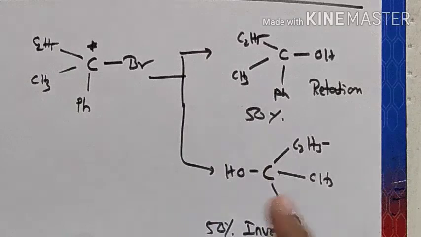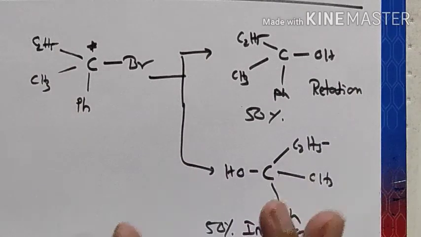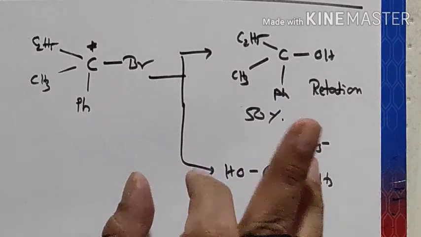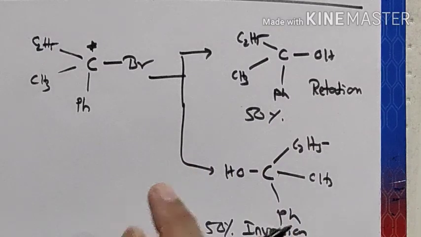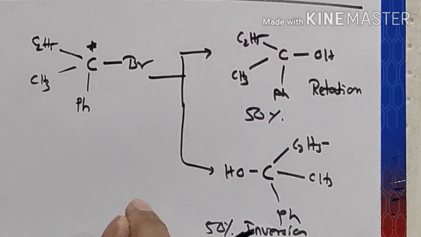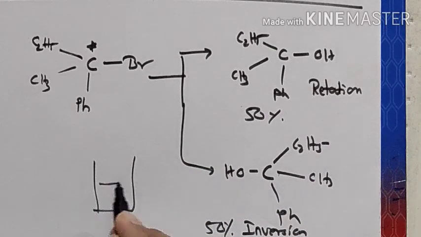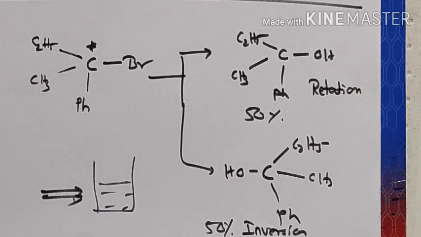And when I take this mixture, student, in equal amounts, and I pass plane polarized light through it, what will happen to the plane of the plane polarized light when it comes out? Think and tell me.